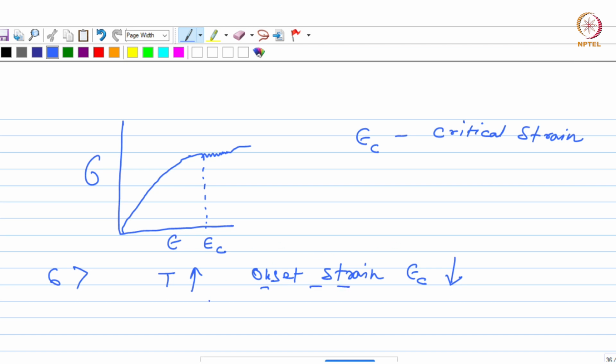So as you increase the temperature, the onset strain will decrease, right? It can start at a lower strain if you compare two temperatures, one lower and another higher.